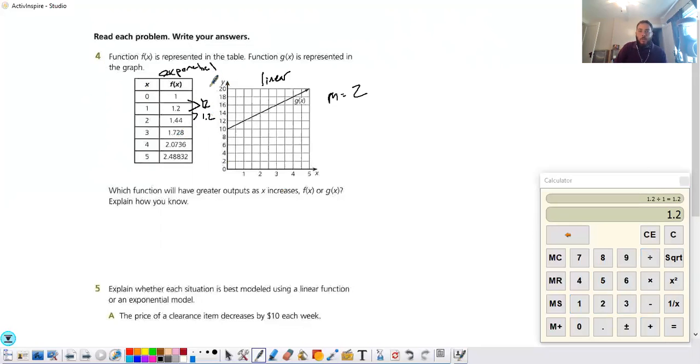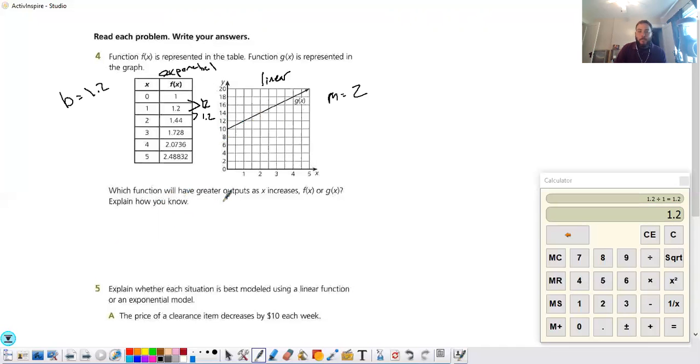So if our b is equal to 1.2, it means that it's greater than 1. So this is an exponential function that is growing. And we know that a growing exponential function will always eventually get bigger than a linear function that grows at a constant rate.